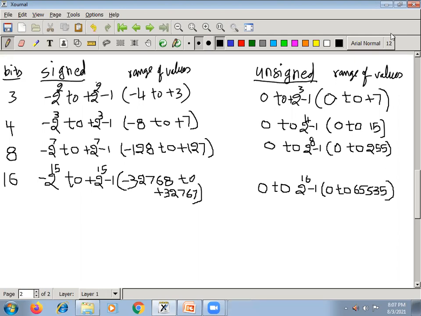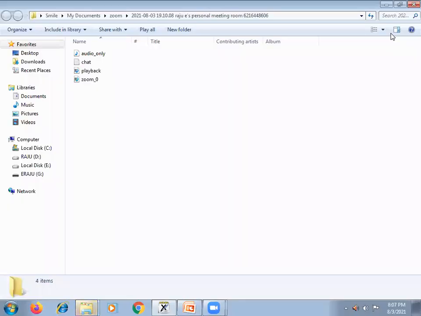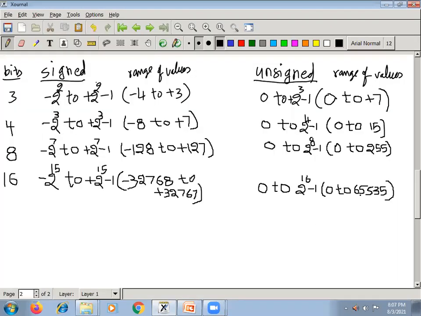So it is 0 to 65,535 for unsigned numbers.